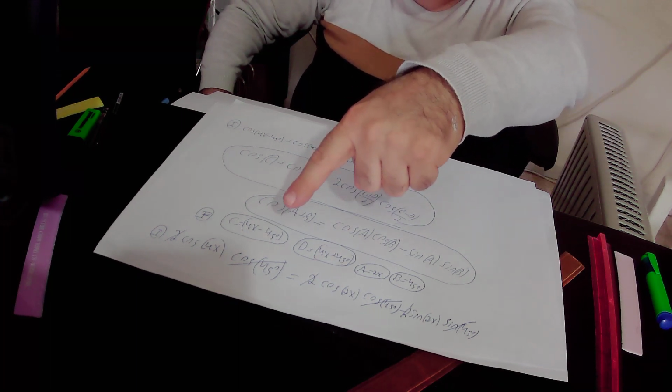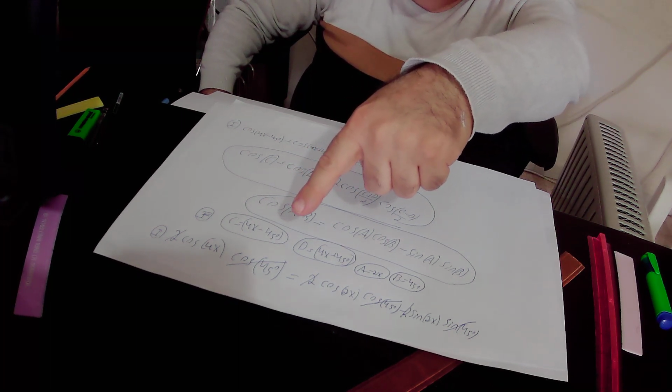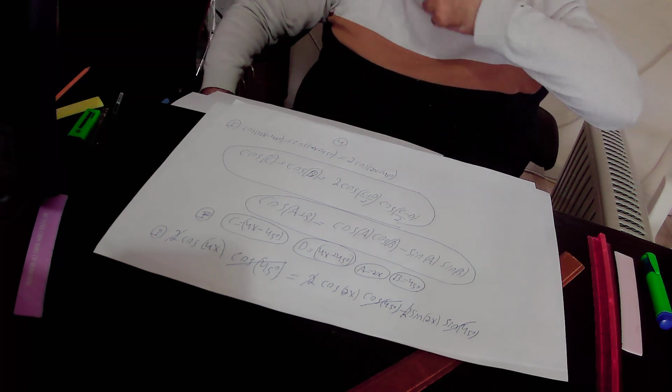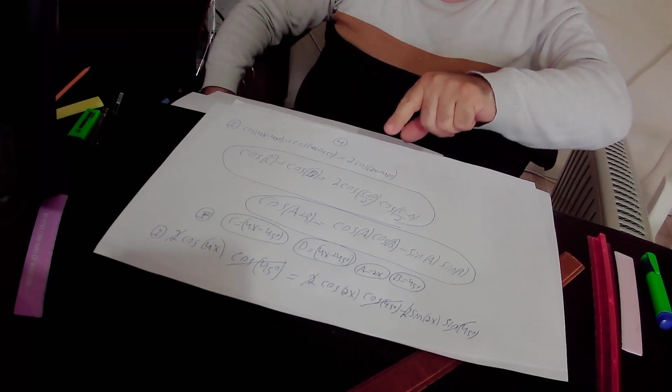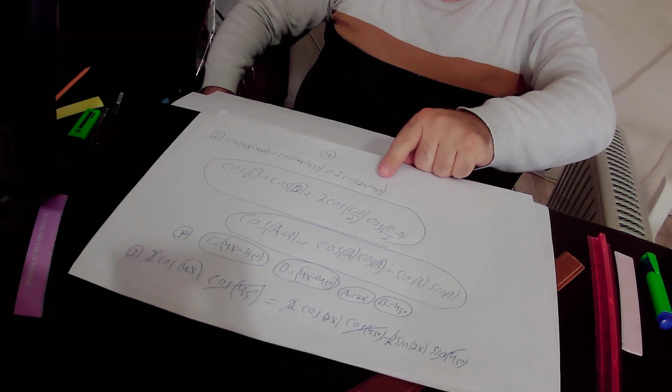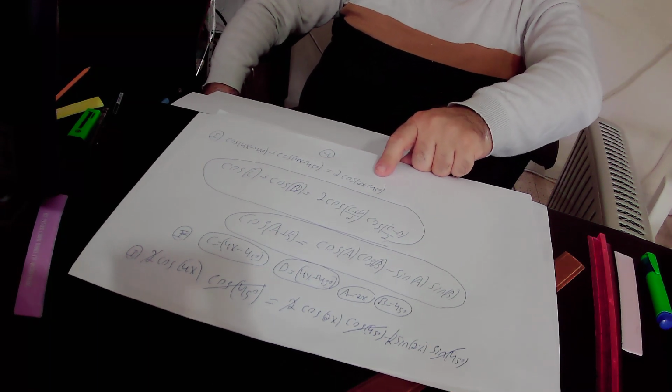2 cosine 4x times cosine 45 degrees. And here we have 2 cosine (2x plus 45 degrees).